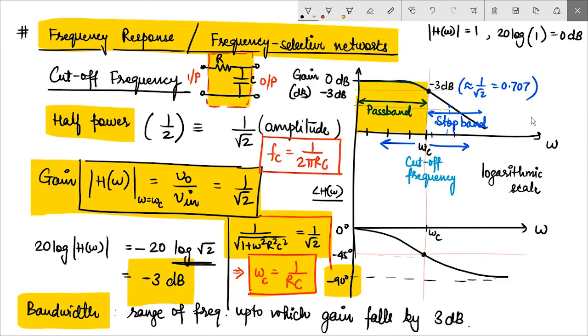This is another important thing to note. Now, this is the circuit that we are talking about right now, where R and C are in series, and we are measuring the output across the capacitor. If we just inverted the positions of R and C, that means we now consider a circuit like this, where this is where we give the input and this is where we measure the output.